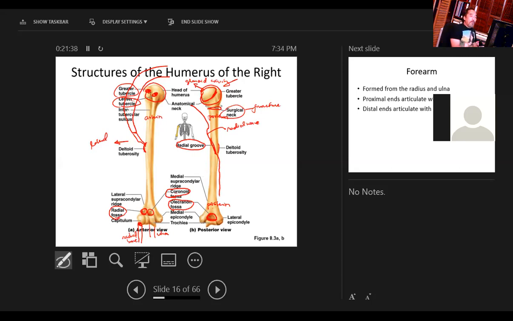So when somebody has a fracture here, it's not going to be a straight cut. Fractures usually have these jagged edges. Remember, if you move that humerus, you're going to cut that nerve called the radial nerve, located at the radial groove. So that will actually paralyze some of the muscles that this nerve innervates, mostly the posterior compartment of the forearm.